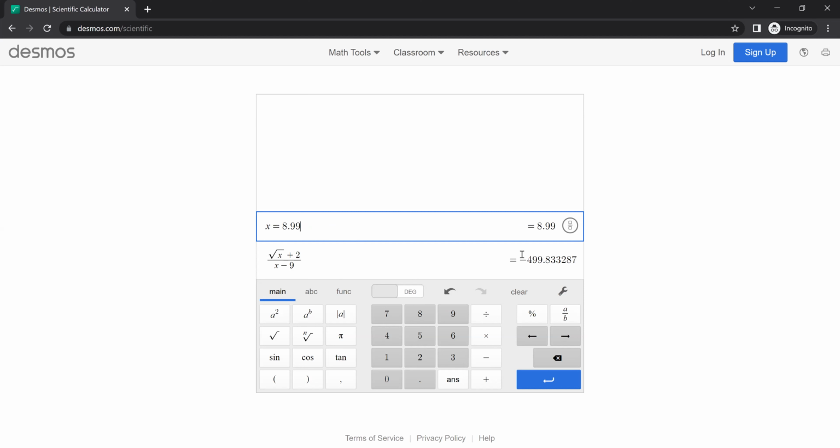So the second box you would fill in with minus 499.8333, and then we do this again, and it's actually okay that the numbers are getting bigger. So the next number would be minus 4999.83333.